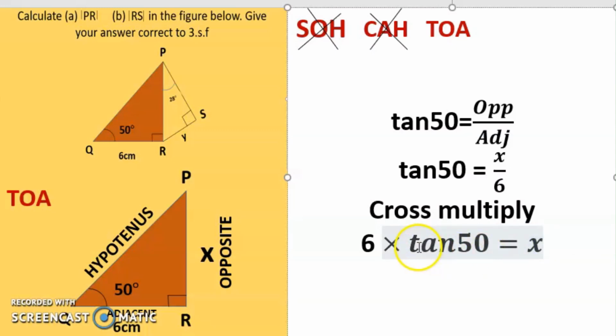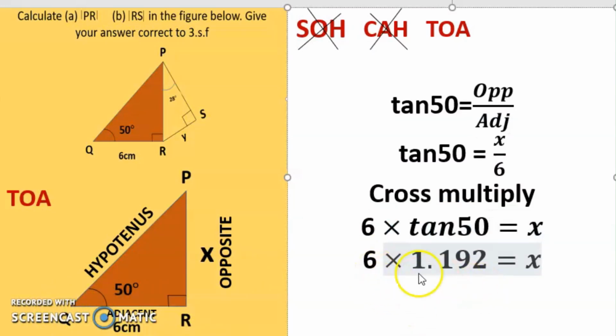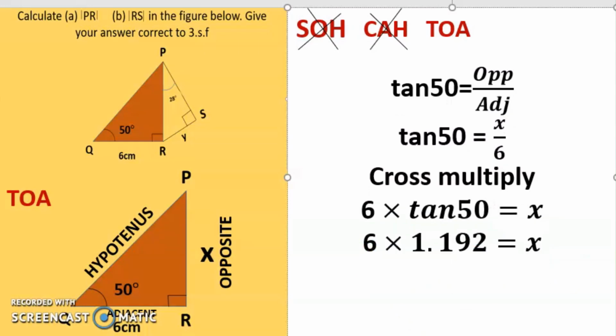If you can confirm, tan 50 degrees is 1.192. So we substitute, it becomes 6 times 1.192. If you multiply these two, the value for x you are going to get will be equal to 7.152.